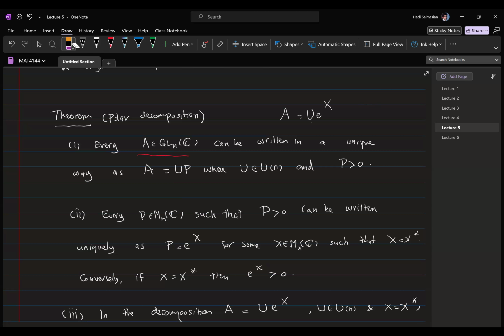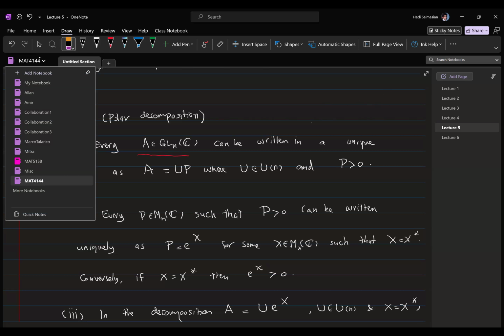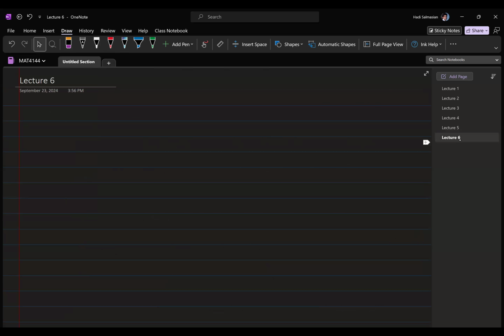So now let's look at some examples of this decomposition in other Lie groups. This theorem applies to elements of Lie subgroups of GLNC, and that's what I want to do right now as an example. So say we start with GLNR, so maybe I should write examples of polar decomposition.